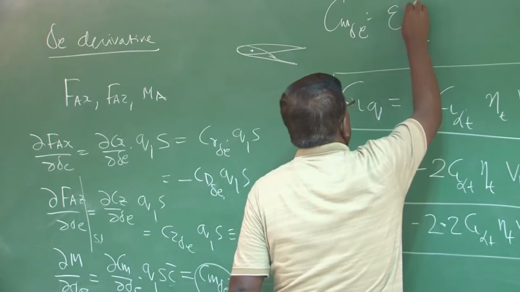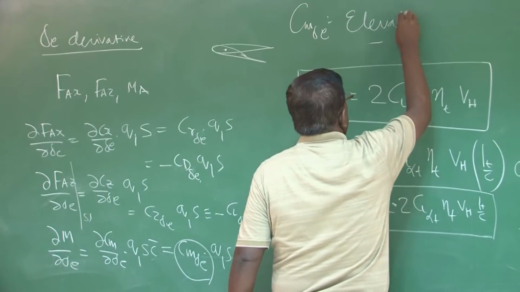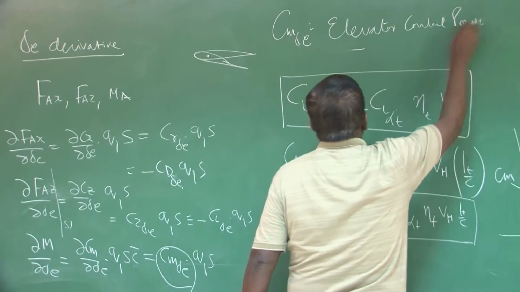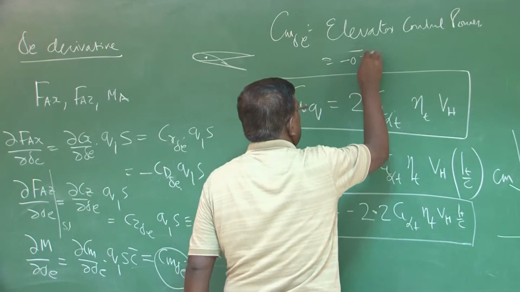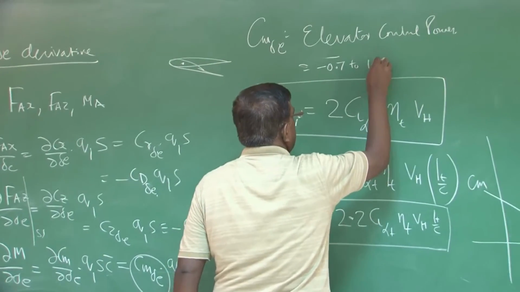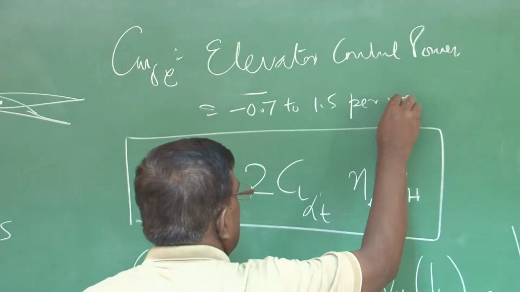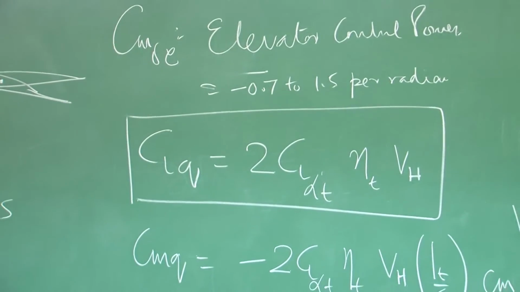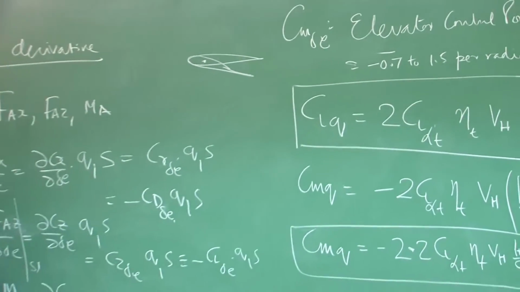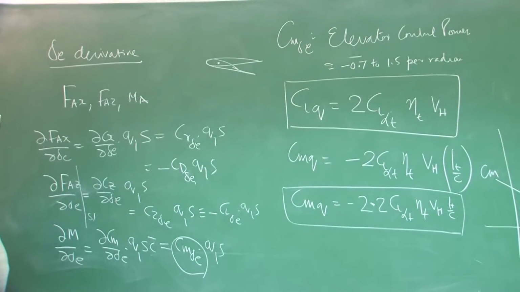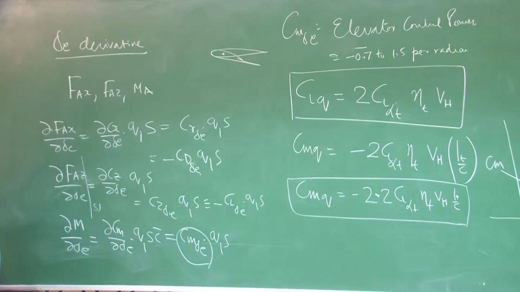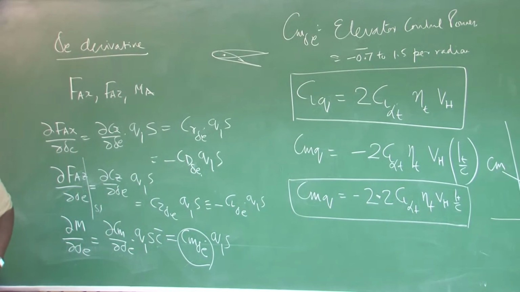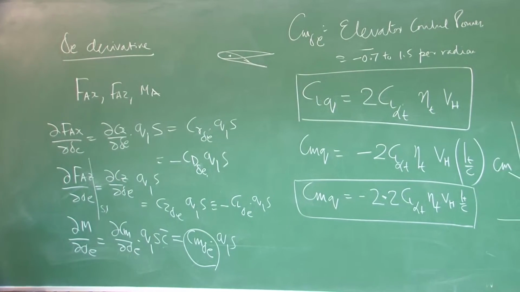It's the elevator control power, and the typical value is minus 0.7 to minus 1.5 per radian. So, that completes the derivation of all those derivatives which will be required to solve the longitudinal perturbed equations of motion.